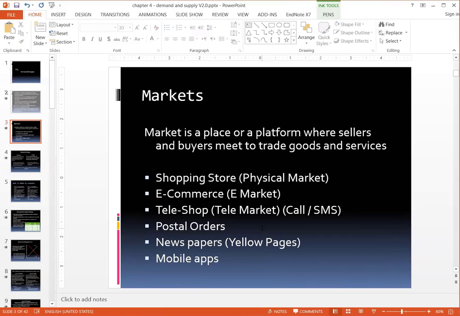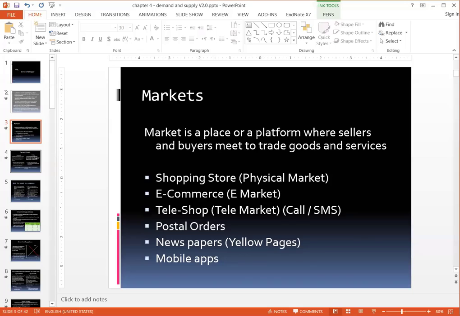The buyer goes there to buy things and the seller goes there to sell things. The buyer has the income to spend and the seller has the goods to sell, so they exchange the items. The buyer gets the goods and the seller gets the revenue. So a market is a place or a platform where sellers and buyers meet to trade goods and services.